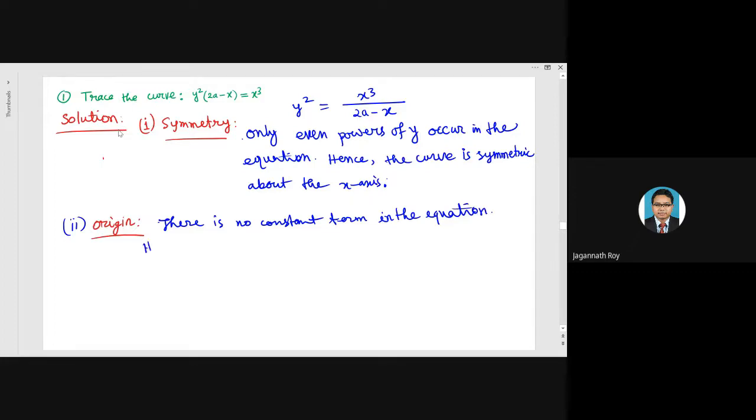Hence, the curve passes through the origin.